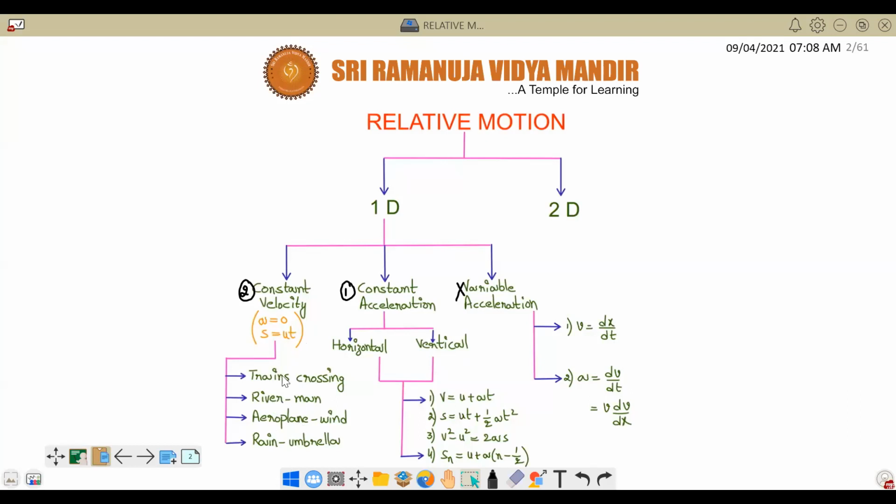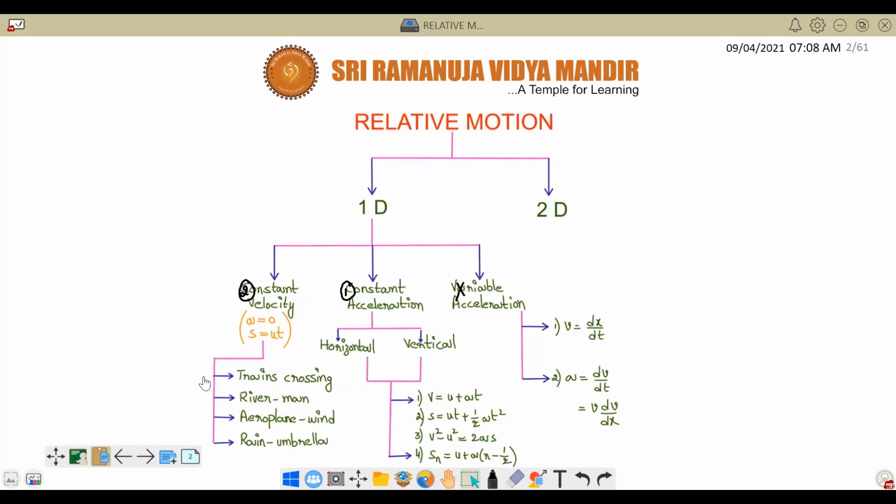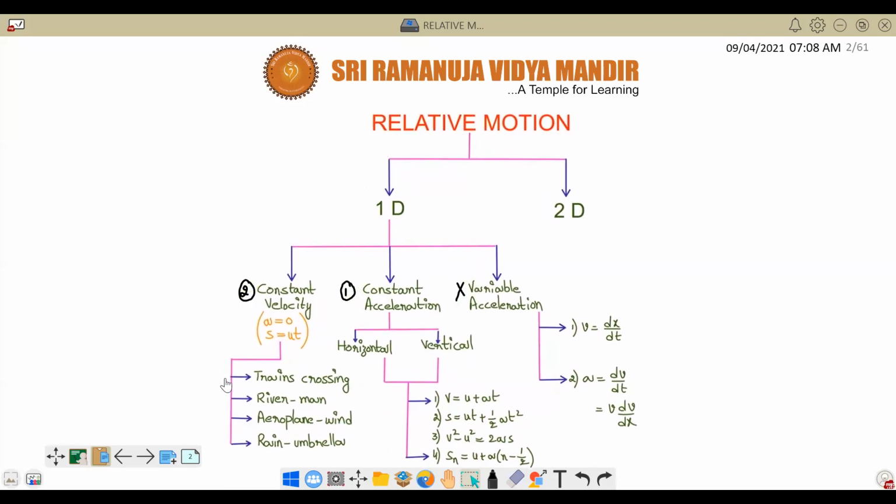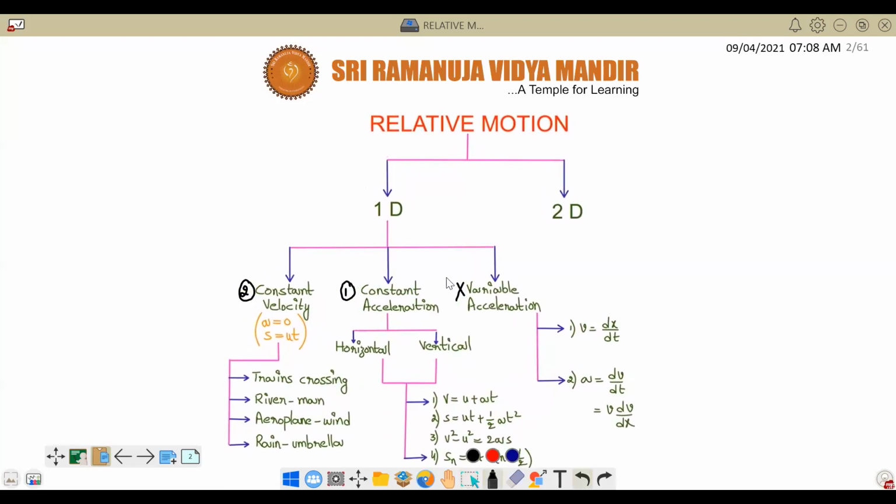In this, there are different models: trains crossing, riverman, aeroplane wind, and rain umbrella. Of course, within this, the first one, trains crossing, is one dimension. Remaining are two dimension.